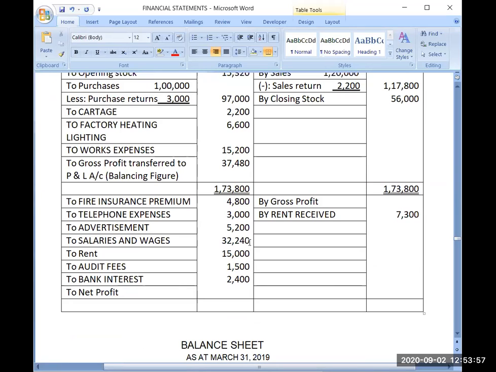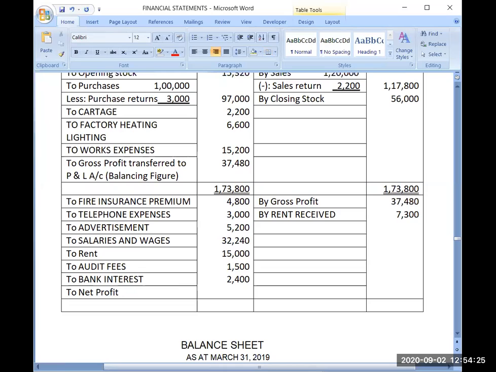If any confusion, let me know that. Now this gross profit will come here, 37,480.